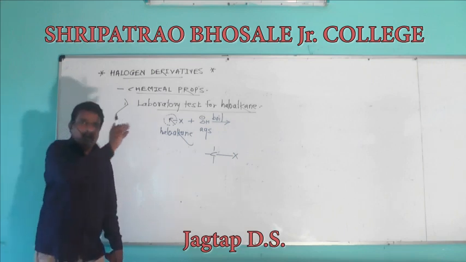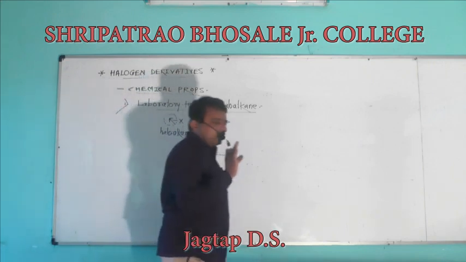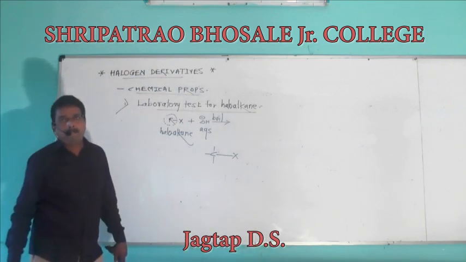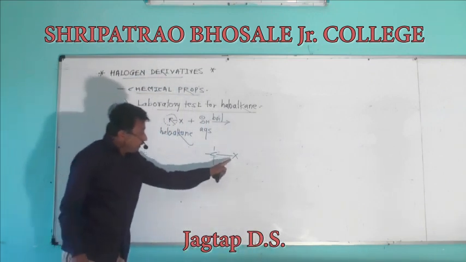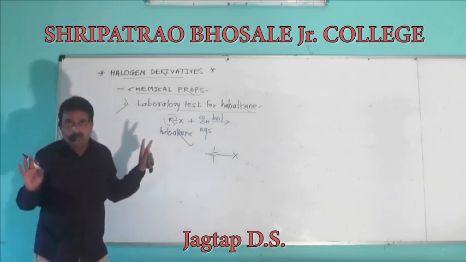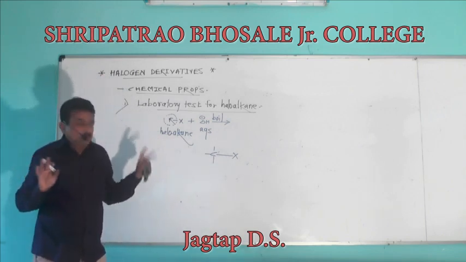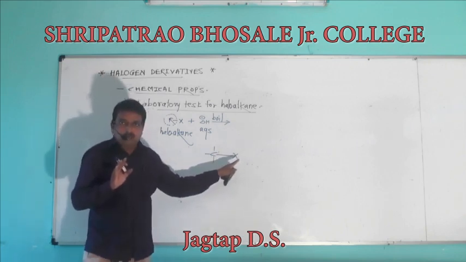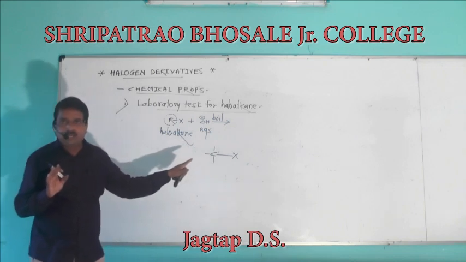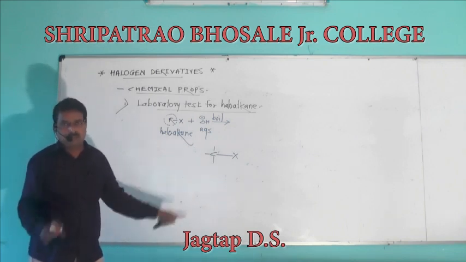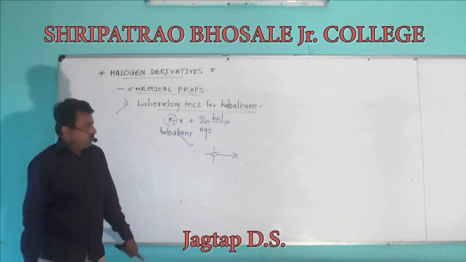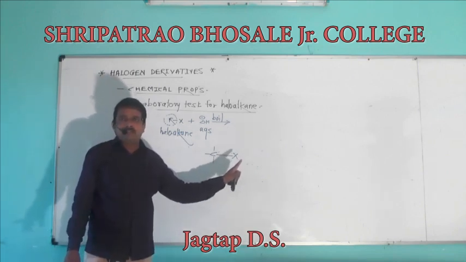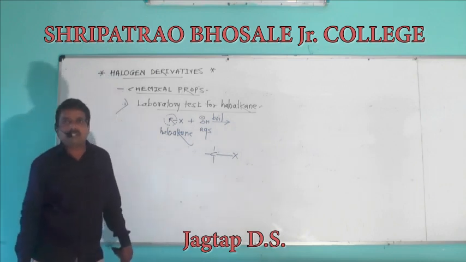All halogens contain 7 electrons in their valence shell and have a tendency to gain 1 electron to complete the octet. Electronegativity is the tendency of an atom to attract electrons towards itself.